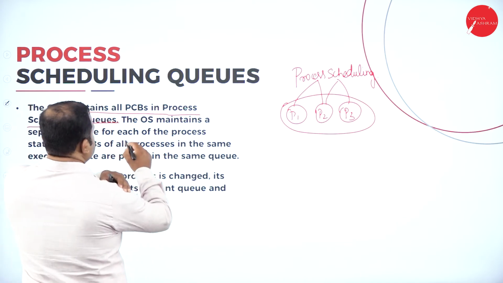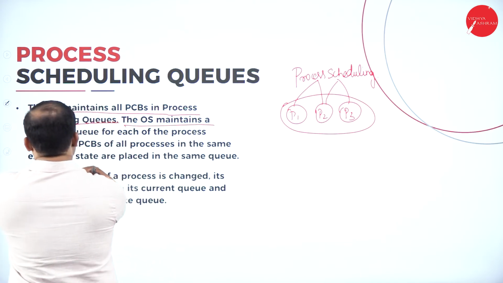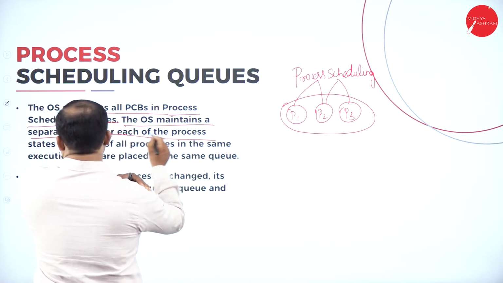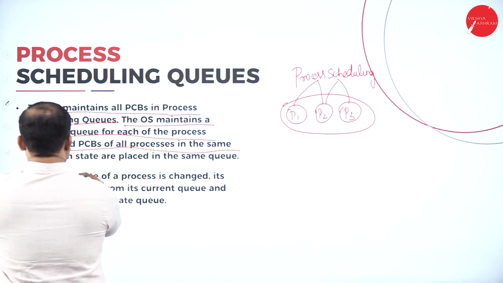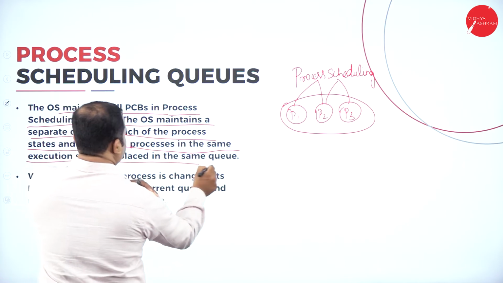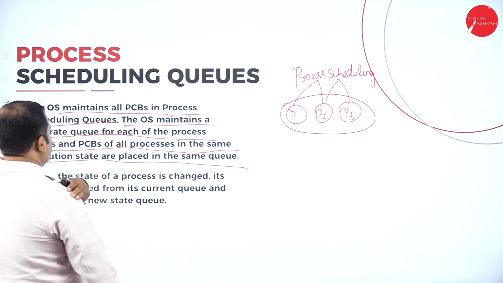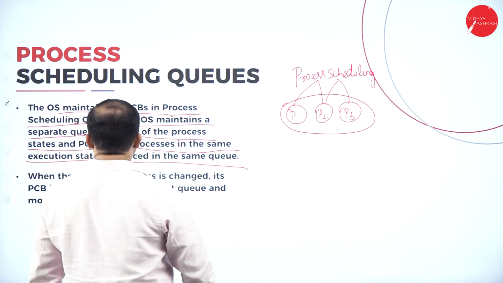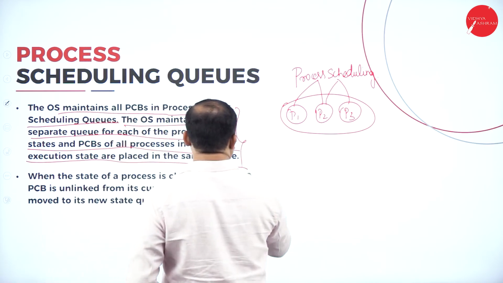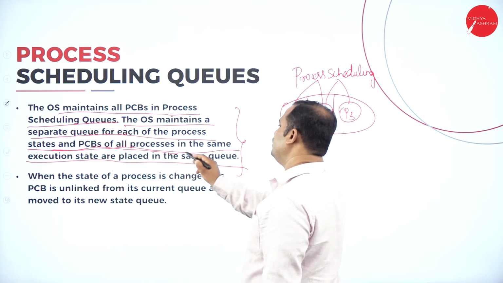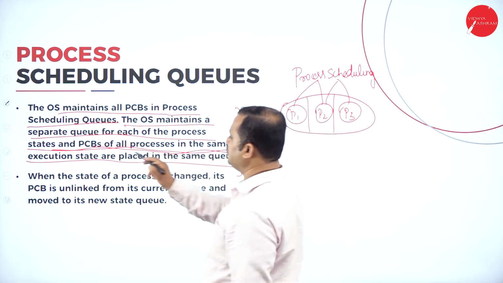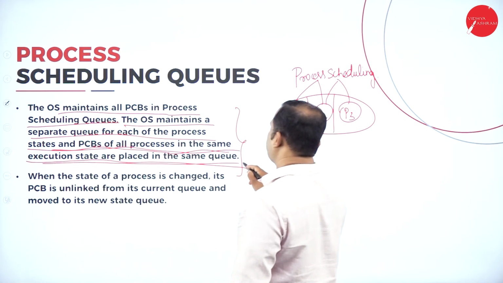The OS maintains a separate queue for each of the process states, and PCBs of all processes in the same execution state are placed in the same queue.